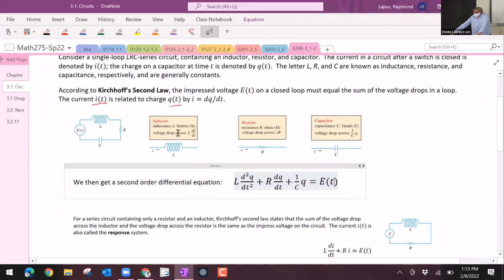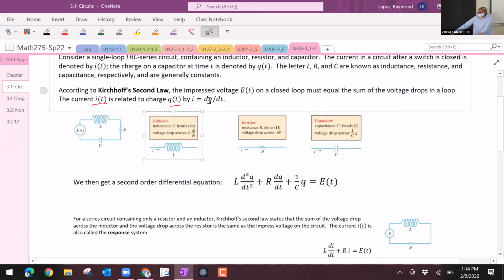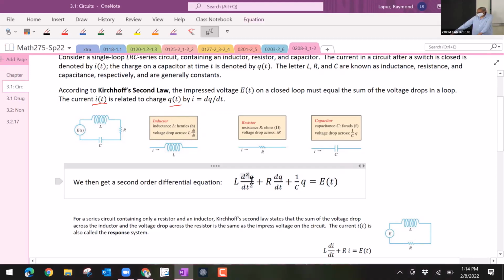Since I is the derivative of the charge Q, you can write di dt as the second derivative of Q, instead of just the first derivative of I. Looking at the voltage drop across the resistor, it's R times I, but again, I is equal to the derivative of Q, so we can write dq dt. And then the capacitor contributes 1 over C times Q.